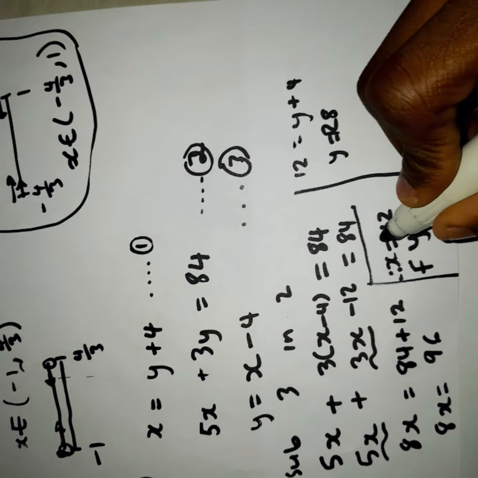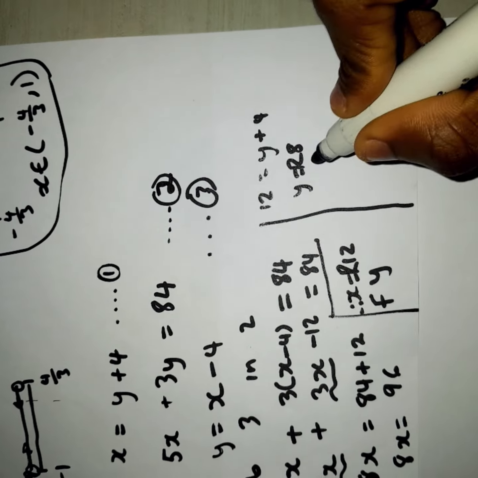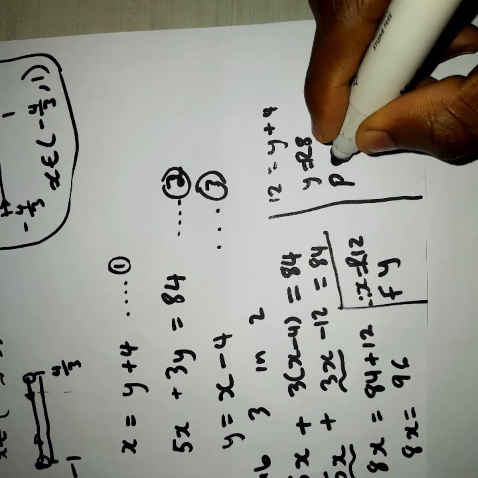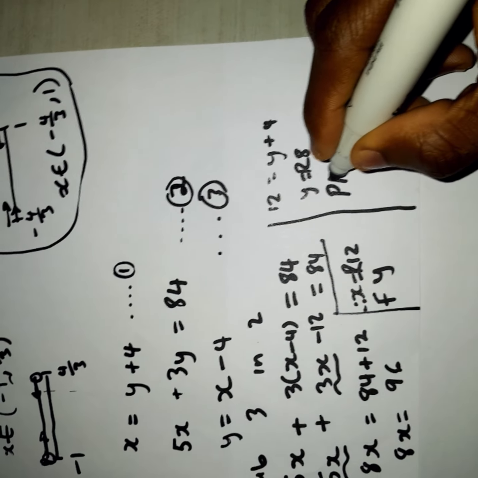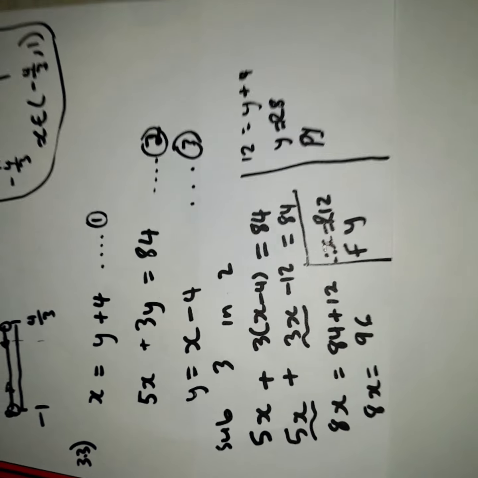So remember, because it's the cost, we must include the currency here. So it's the plain yogurt. And because they said the individual prices, it means they need the price for each yogurt, not for a group of yogurts or when buying them in bulk. So this is how we tackle this kind of question.